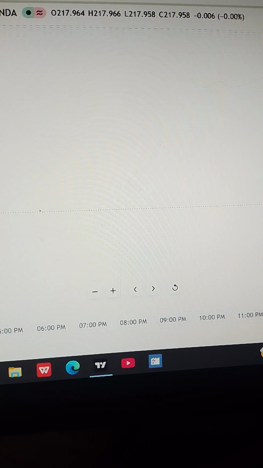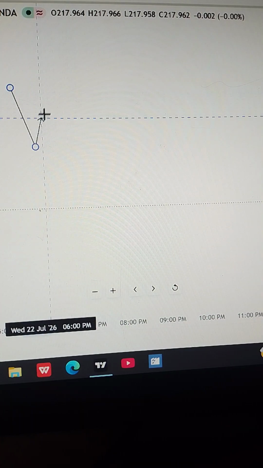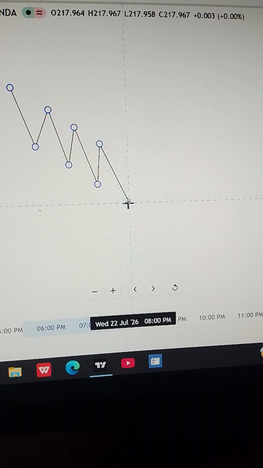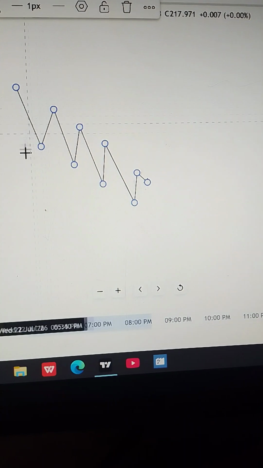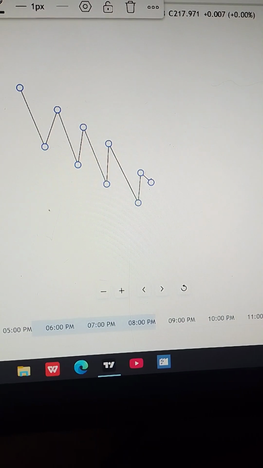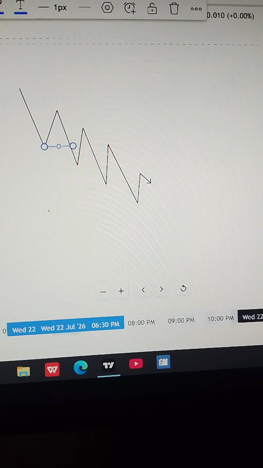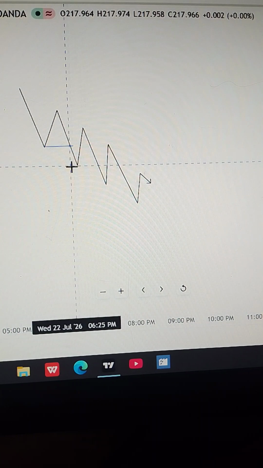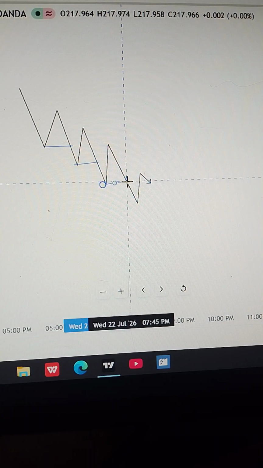Remember I said a break of structure shows that the market is continuing with the direction. So we have a break of structure here, another break of structure here, and another break of structure.